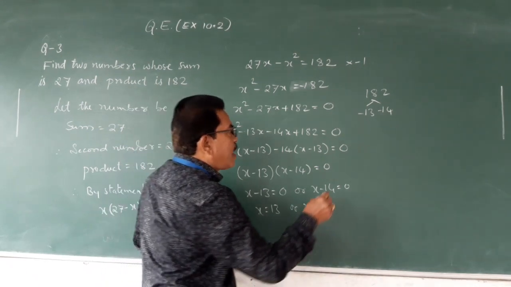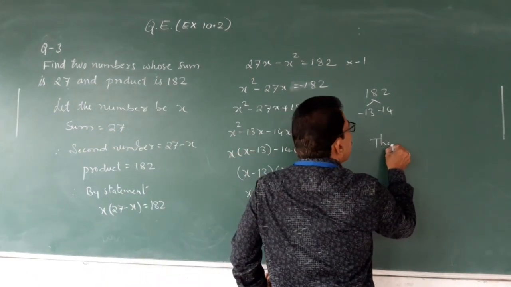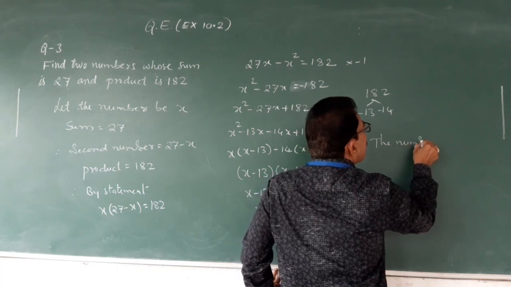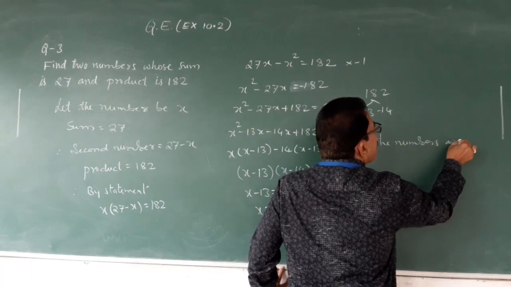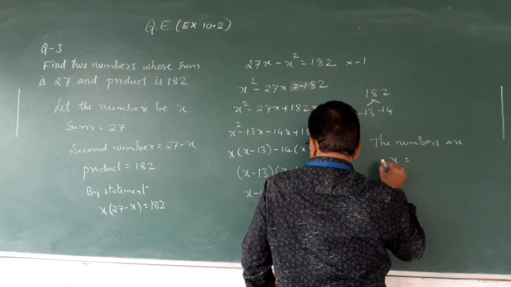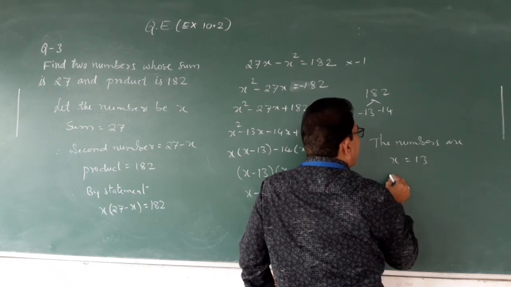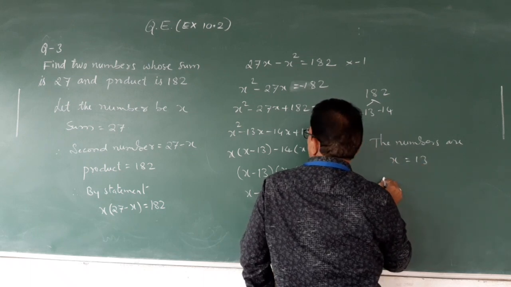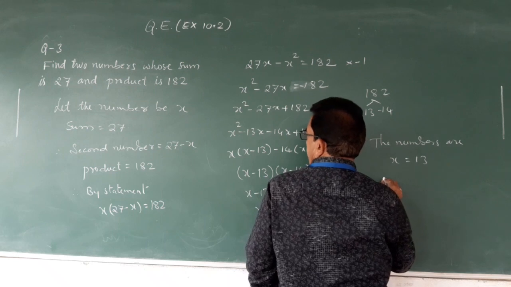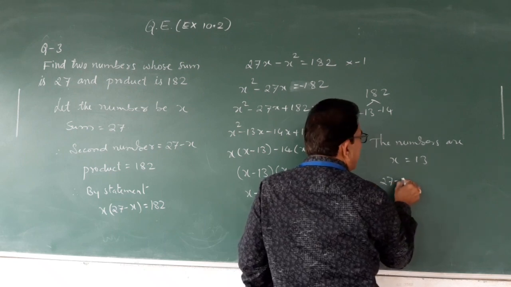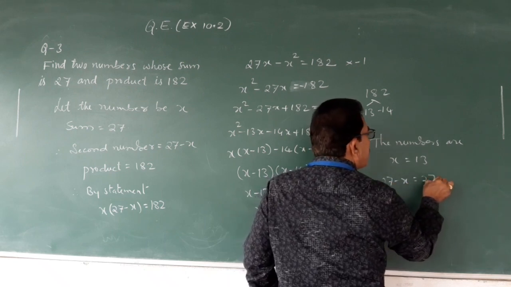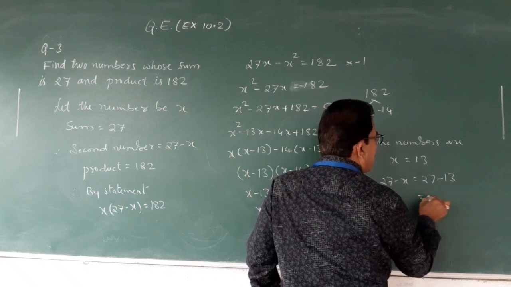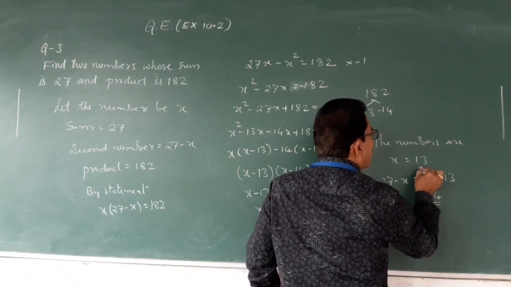Now the numbers are, x, let us say 13. Then the second number, 27 minus x equals 27 minus 13, that is 14.